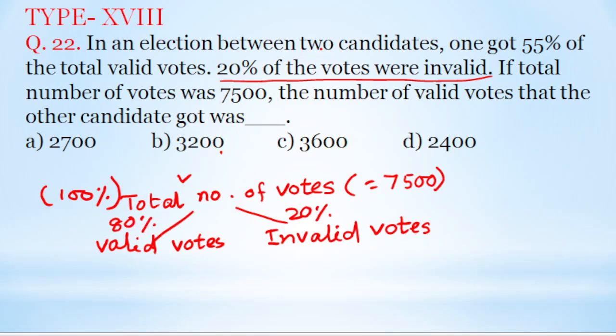Now here two candidates are involved. One is the winner and the other one is the loser. One gets 55% of the total valid votes. Suppose again we take these valid votes as 100%.